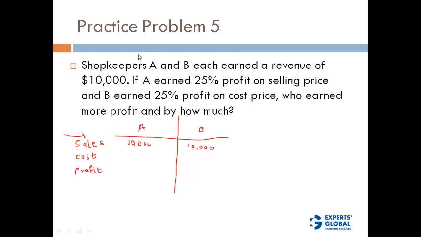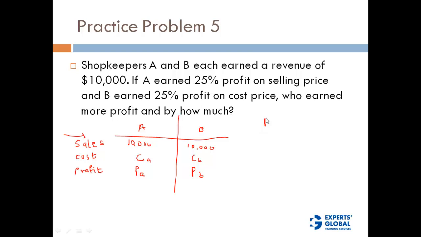So what do we have? A earned 25% profit on selling price. So this is profit of A, this is profit of B, this is cost of A, this is cost of B. So what do we have? A earned 25% profit on selling price.